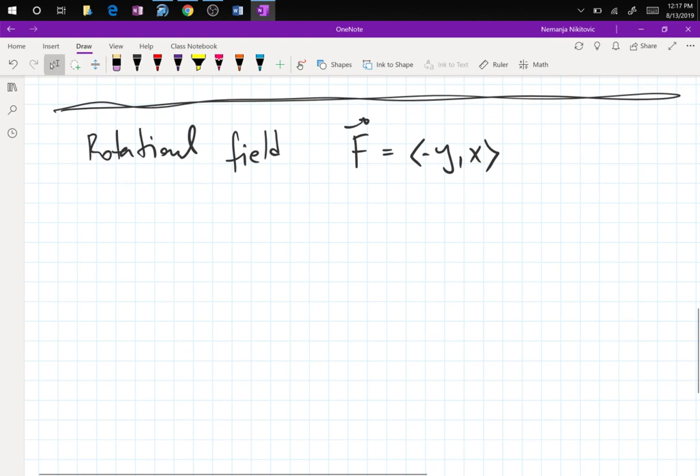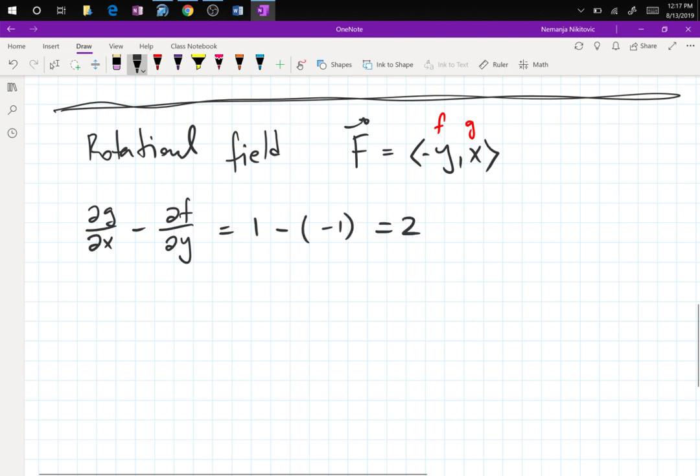So this is your f, this is your g, and if you find your partial derivatives, partial g, partial x minus partial f, partial y, that's your curl. Partial g, partial x is 1, minus, and then the other one is negative 1, so the whole thing is 2.